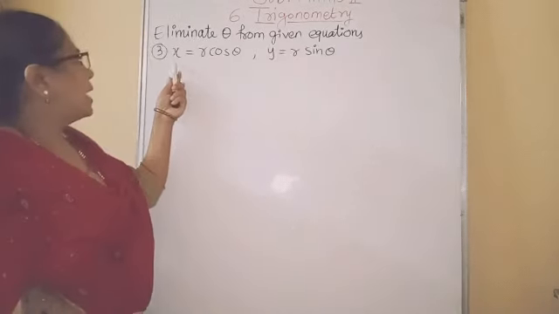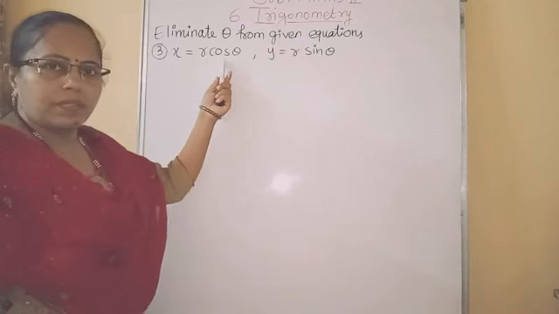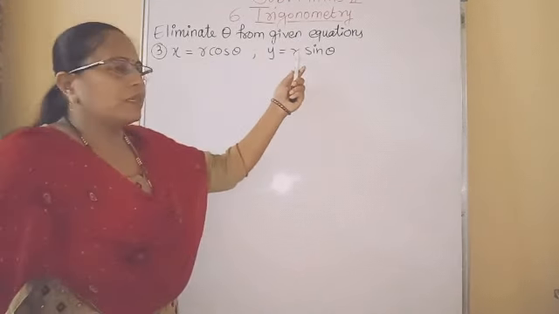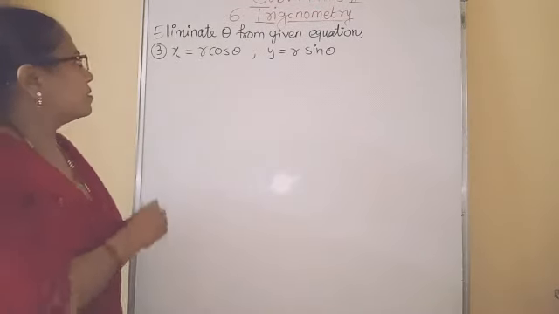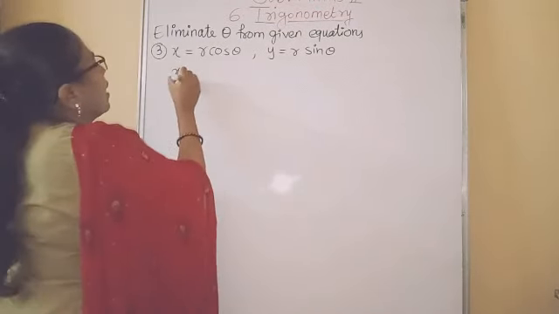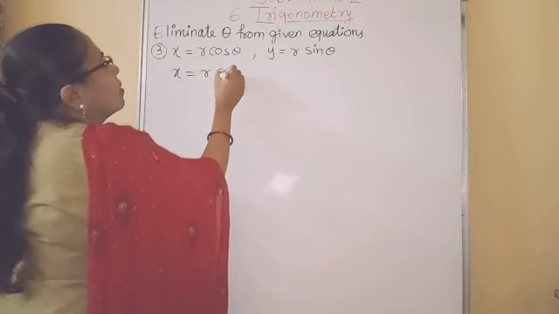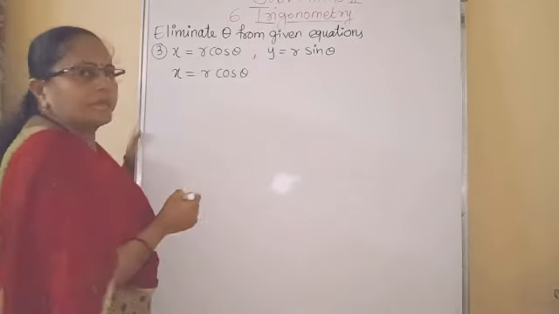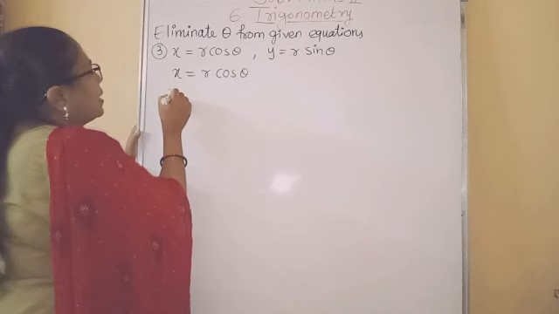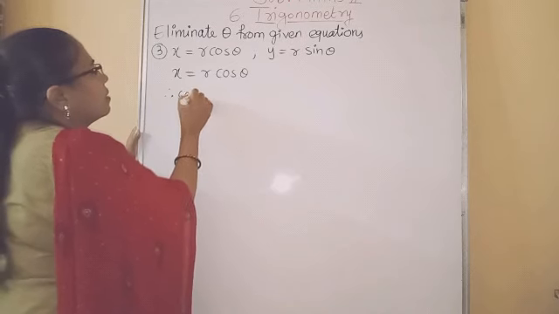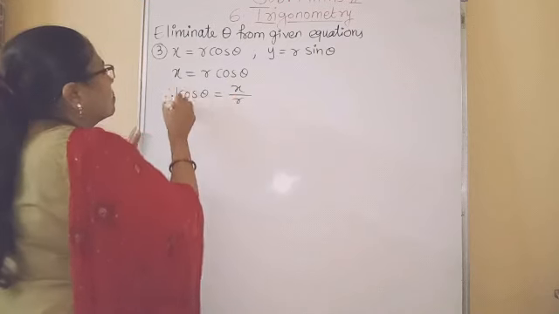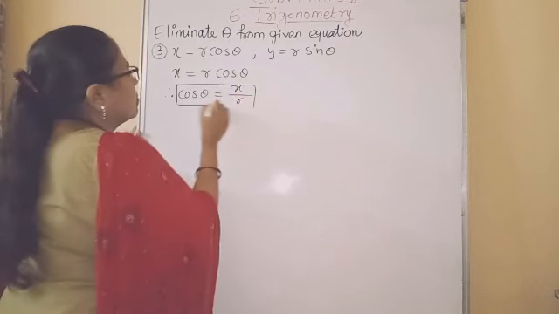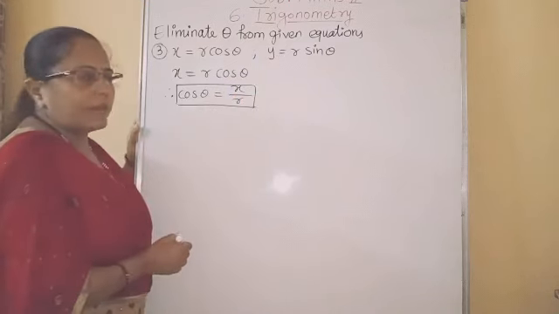Next, the third one. x is equal to r cos theta and y is equal to r sin theta. Okay. So let's take the first equation. x is equal to r cos theta. Therefore, we will directly get the value of cos theta is equal to x upon r. Okay.